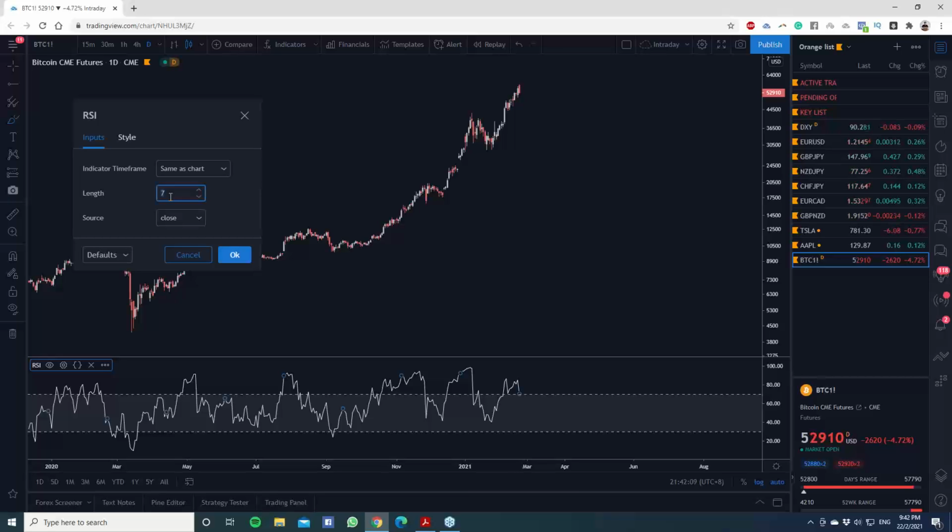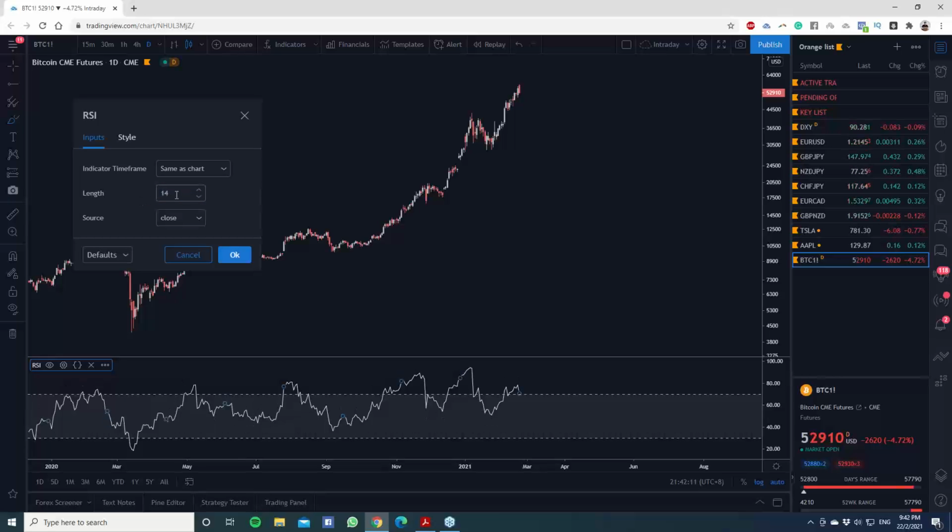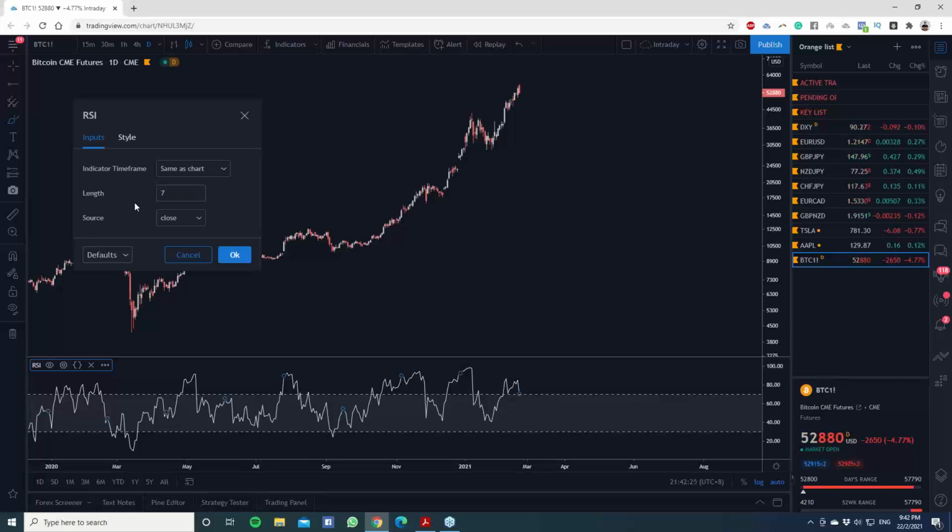If your period or your length is a larger number, like 14, then you'll realize that this RSI indicator will be a little bit smoother, because it takes into account more data. If I change this to 7, which is a shorter period, then the indicator will be a little bit more responsive to the chart. To me, it's not much of a big difference.